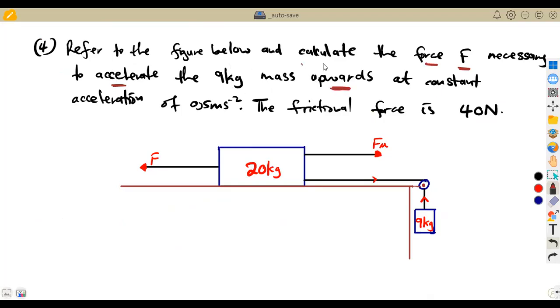Take note, the 9 kg is supposed to go upwards. So on the 9 kg, the force that is supposed to affect it is F up, because they are saying upward. So you're supposed to talk about F up.